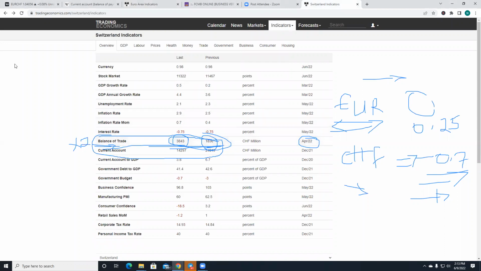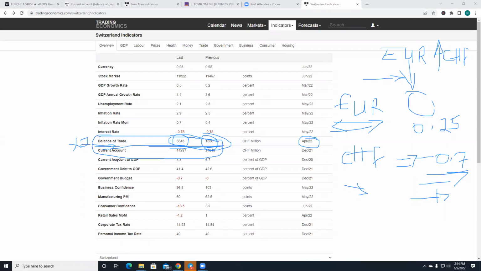So based on this, I will be of the opinion that CHF should strengthen against euro, and euro should go down. So I want to sell my euro in order to buy CHF based on this analysis that is before me, because I'm not going to use only interest rate to judge what is happening. I'm looking at the trade balance.